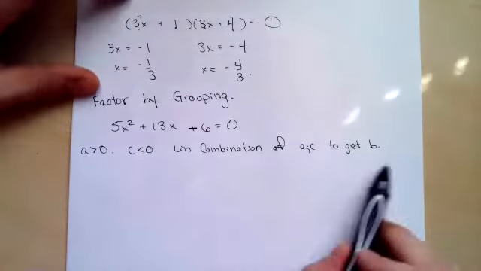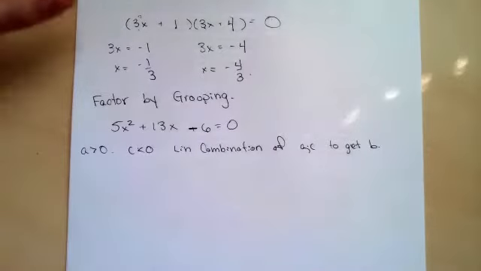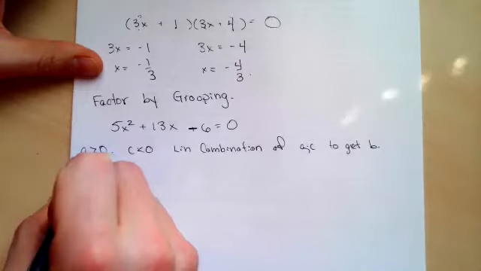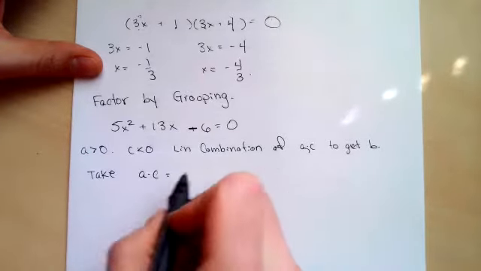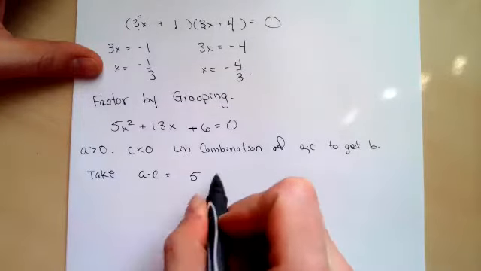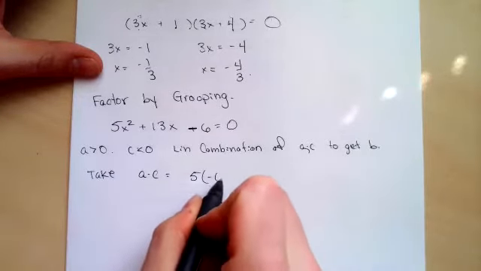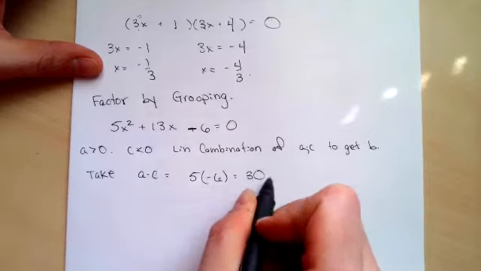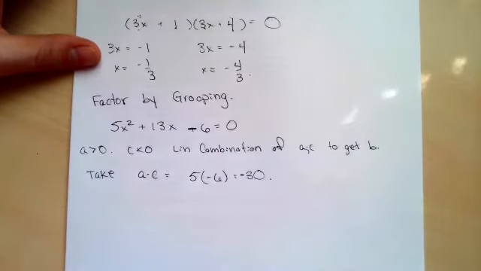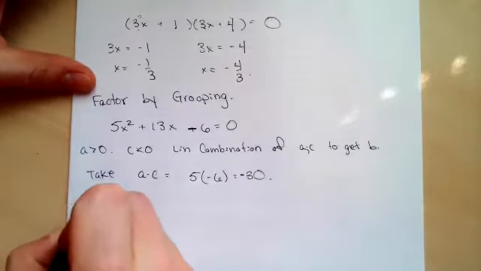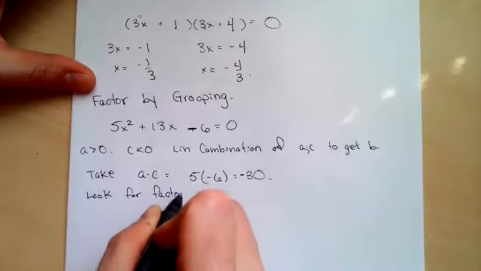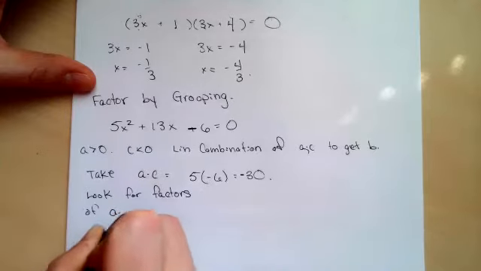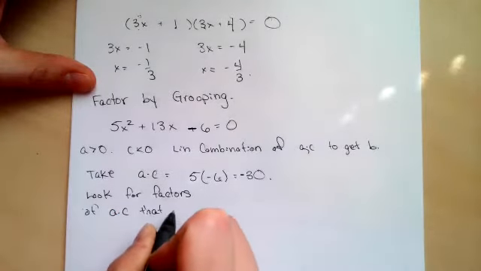This step, you can almost ignore that statement as how we're going to solve this, because if it factors by grouping, what we can actually do is take a times c. In this case, it's going to be 5 times -6, which gives us -30. And then look for factors of a times c that add to b.